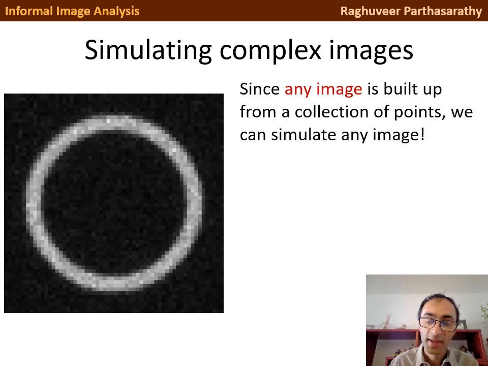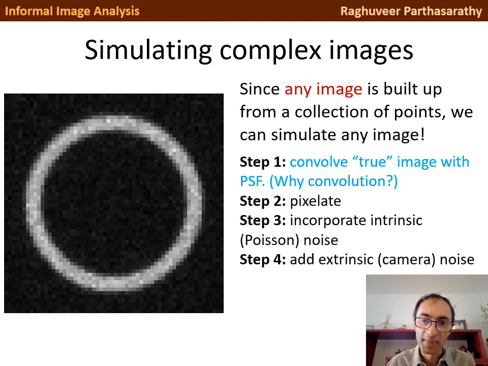Now, there's an added bonus to this overall procedure, which is that we can use it on all kinds of images, not just point sources, because you can think of any object as being built up as a collection of points, so you can simulate any object or the image of any object. The procedure is essentially the same.